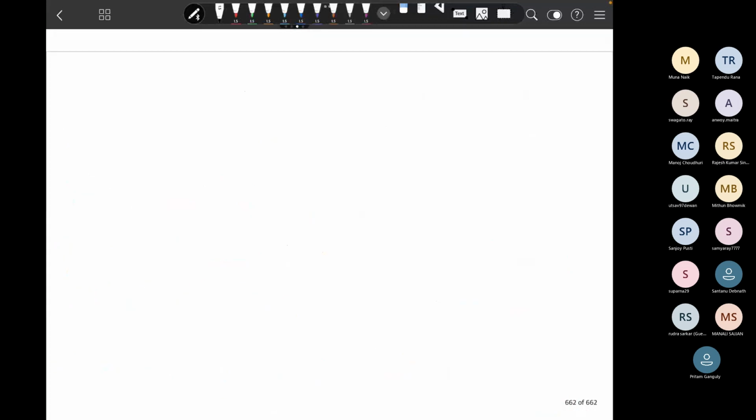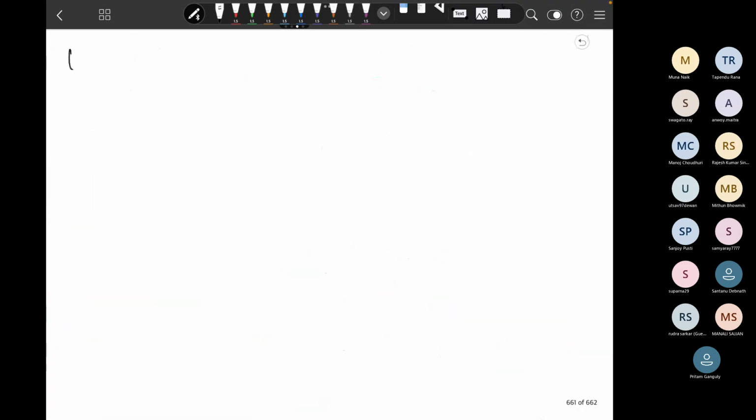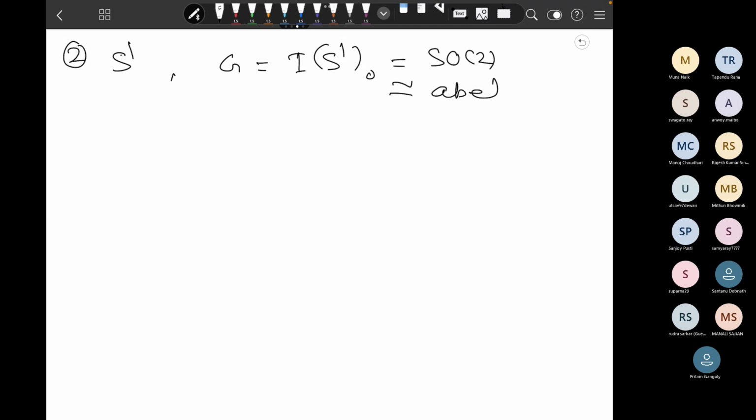Okay, so now the second example is S^1. If you look at G equal to I(S^1), this is really SO(2), which is an abelian Lie group. Now, this SO(2) acts like rotations.